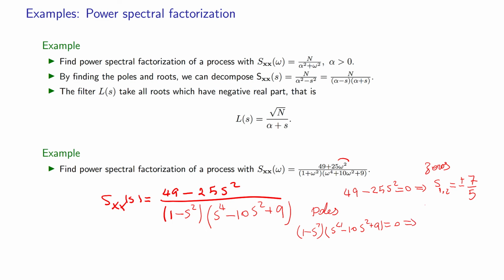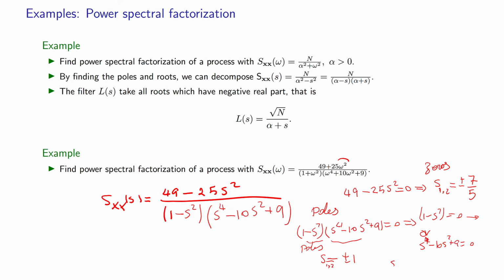So either the first term is 0 or the second term, s to the fourth minus 10 s squared plus 9, is 0. The first one gives s_1 and 2 equal to plus minus 1. So you get two poles at plus 1 and minus 1.